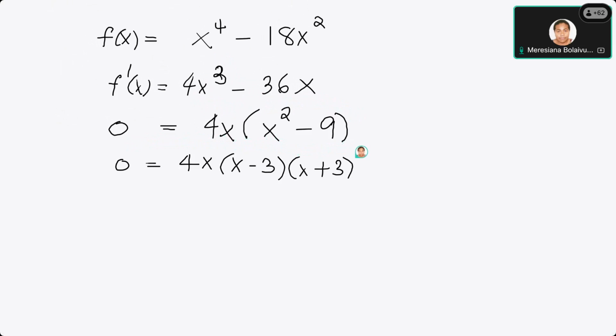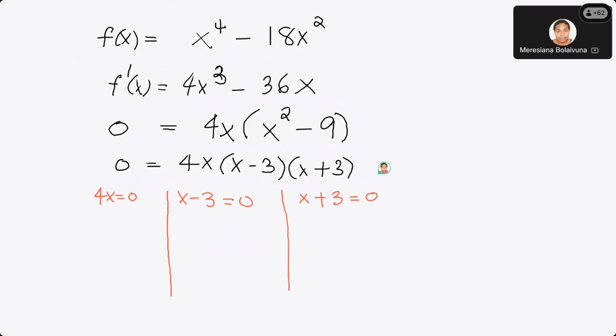So we have 3 x values. 4x is equal to 0. Another one is x minus 3 equal to 0. And another is x plus 3 equal to 0.